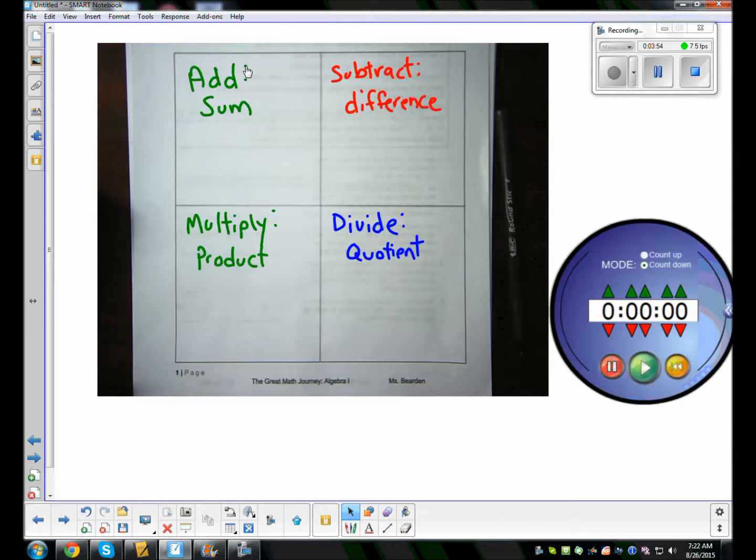Okay, so we did have some issues with the timer, but you still should have had enough time to fill in words. So share with the people around you. I want the class to kind of share together. And if you're missing words that your classmates have, I want you to fill those in. If they have words or you have words that they don't have, I'm going to ask you to share those so they can fill those in.